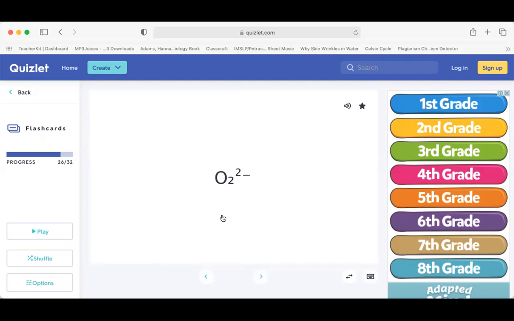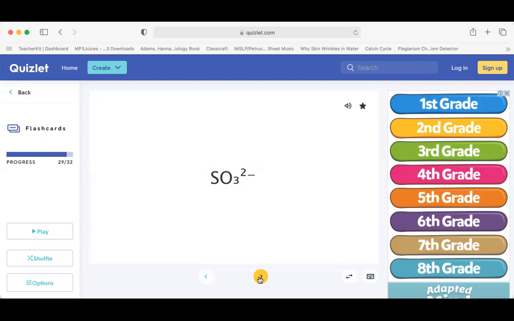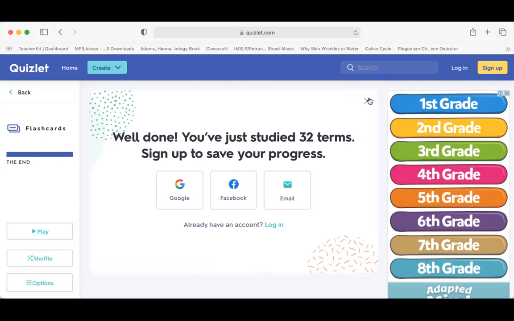O2 minus 2, peroxide. PO4 minus 3, phosphate. SO4 minus 2, sulfate. SO3 minus 2, sulfite. Don't have to know the others.